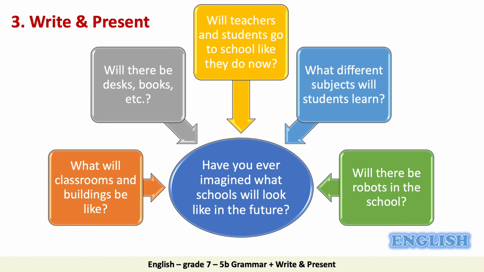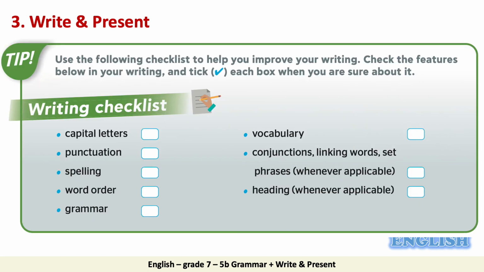Please pause the video and write a paragraph reflecting on the questions posed in this slide. You can use the following checklist to help you improve your writing. Check the features below in your writing and tick each box when you are sure about it.